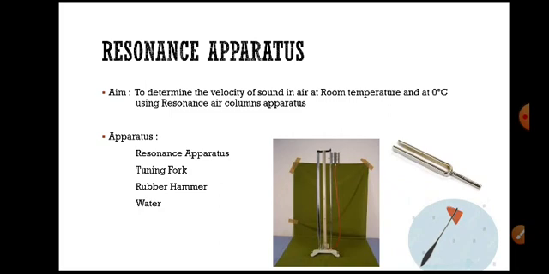The apparatus required are a resonance apparatus, a tuning fork, a rubber hammer, which is used to vibrate the tuning fork, and water. Tuning forks with different frequencies are needed.